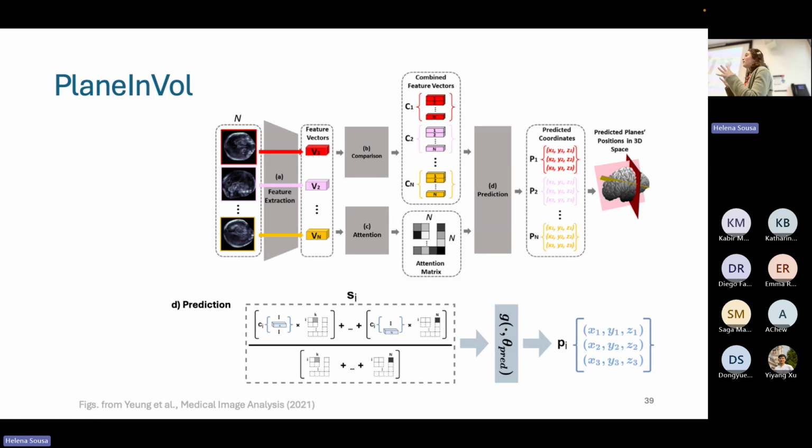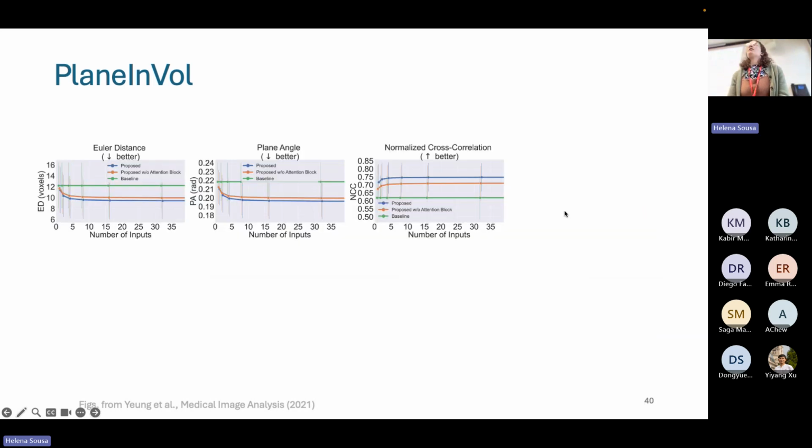In this case, they were using 3D ultrasound scans that are generally lower quality than 2D and less accessible also. So they show, the baseline is SVRNet, and they show increasing number of input frames for the test cases. The errors, this is Euclidean distance, you can see it decreases, up to a certain amount.